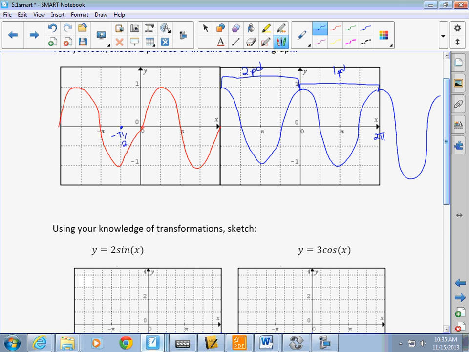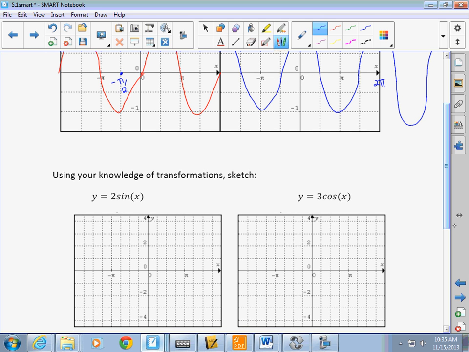Good. So using our knowledge of transformations, what happens if we put a 2 in front of our sine x? That's the equivalent of an a value. So what does that affect, your x or your y? Your y. Right.